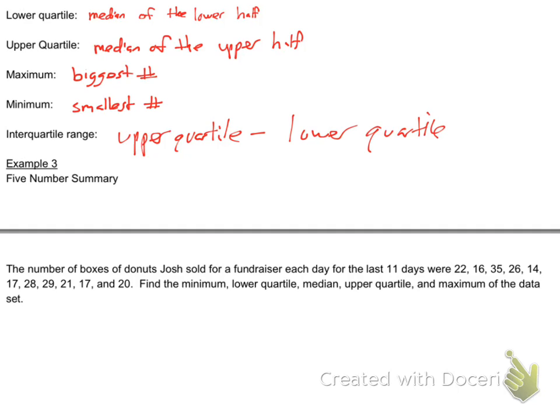If you take the upper quartile minus the lower quartile, you will have the 50% of the middle data. Because think about it, each quarter represents 25%. If I go from the lower quartile to the upper quartile, I'm covering 50% of your data.